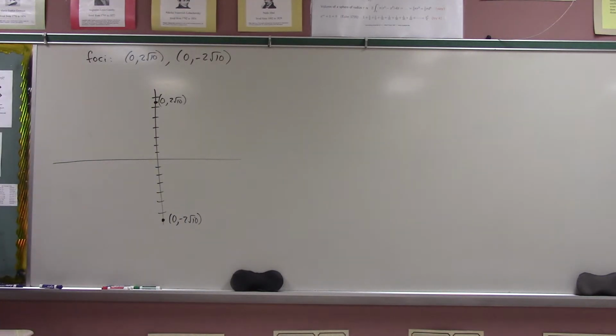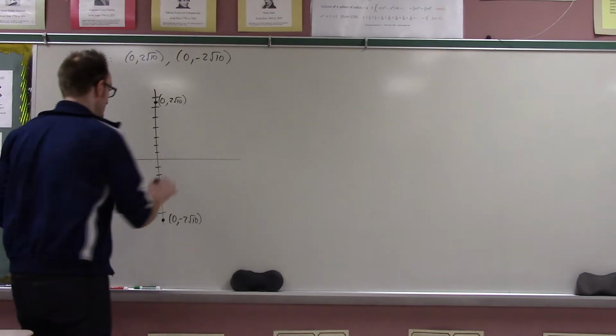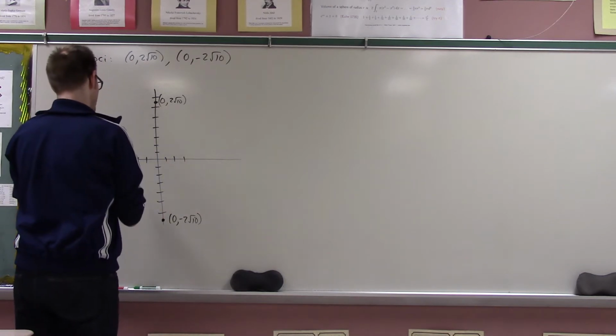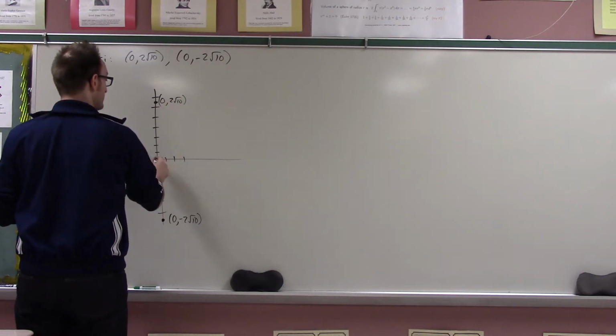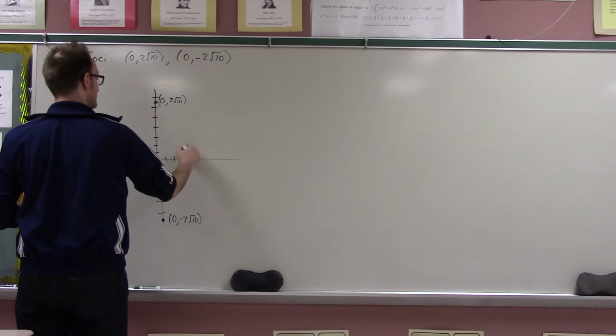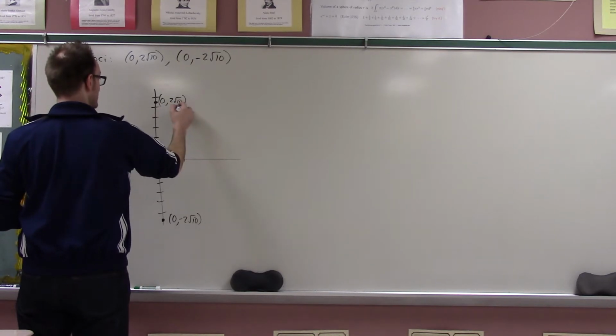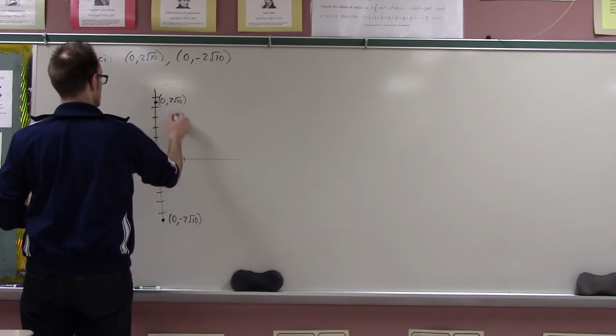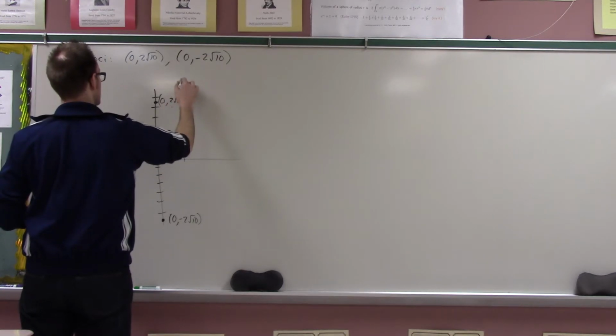Oh, and then the equations of the asymptotes of the hyperbola are y equals 3x and y equals negative 3x. So that means slope 3, right? If that was 6, 3, no, that would be slope 2. So the slope is 3, so it's something like that.